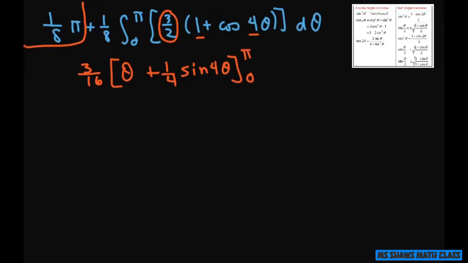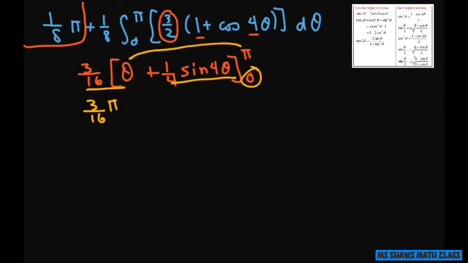Now if you plug in pi to this piece, that's going to be 0. And you plug in 0 for this one, you're going to get 0. So basically, this is just going to be 3 divided by 16 pi.